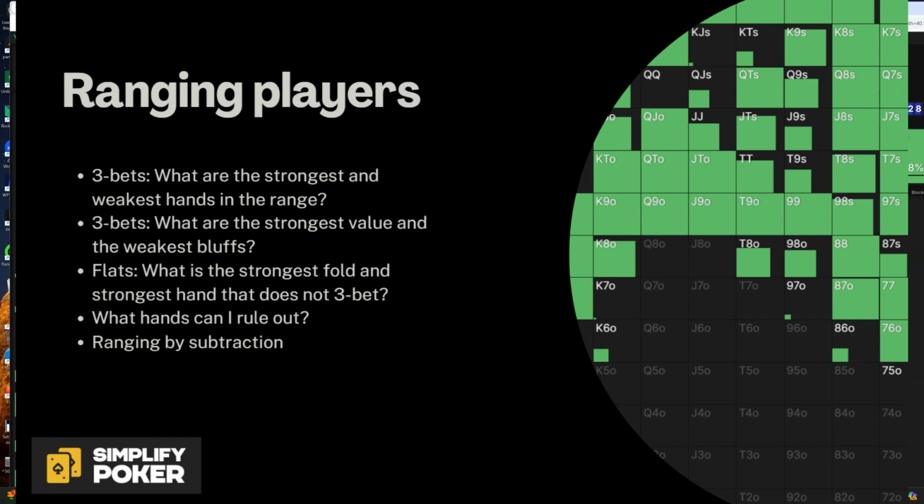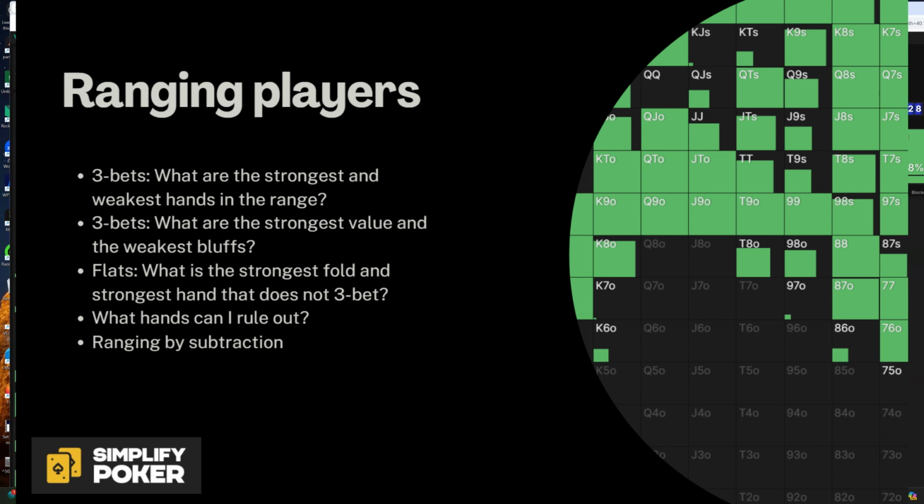Often, maybe it's a polarized range. So maybe he has two clumps. He has the value at the top. So you have to think, okay, what's the weakest hand he would three bet for value? And what's the strongest hand he would three bet as a bluff? And then you basically have your two clusters, and you should immediately have those in your mind going forward.